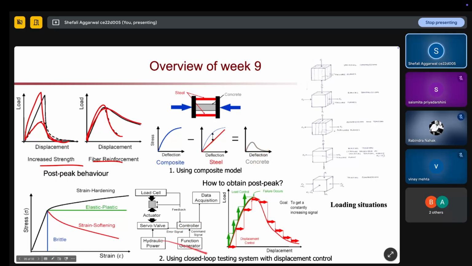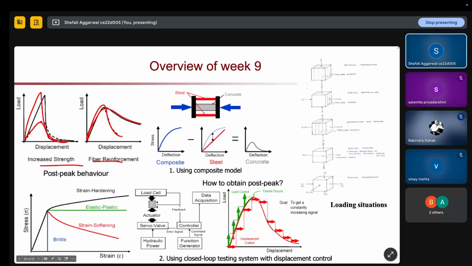The other way is using a closed loop testing system with displacement control. In this method we are controlling our displacement, keeping our displacement constant instead of keeping our loading constant. So this is a load cell, and we are calculating the same thing. We are applying compressive load to a concrete system and collecting the data at every single point of loading condition.